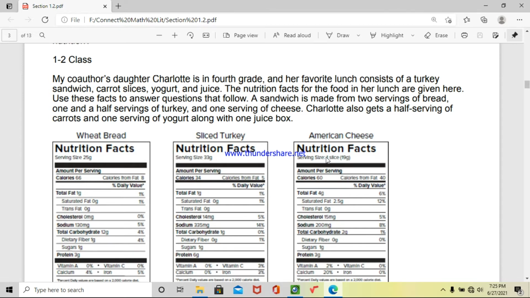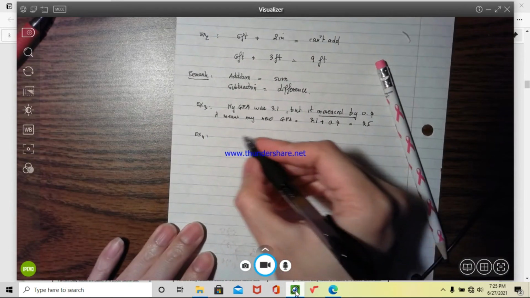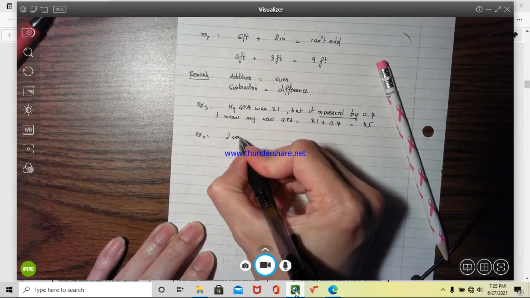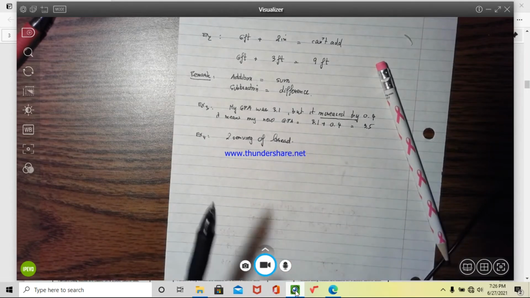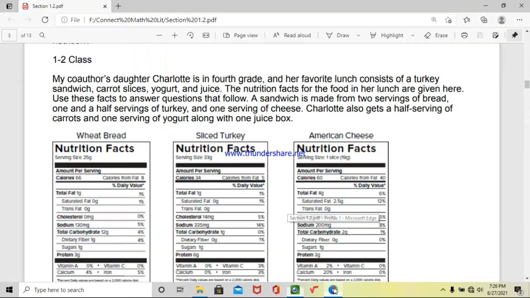Let's do a quick summary. So 2 servings of bread. What else? 1.5 servings of turkey. Okay, so I'm gonna write down 1.5 servings of turkey. And 1 serving of cheese.